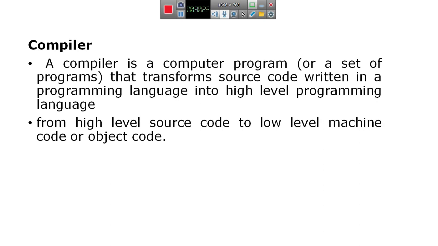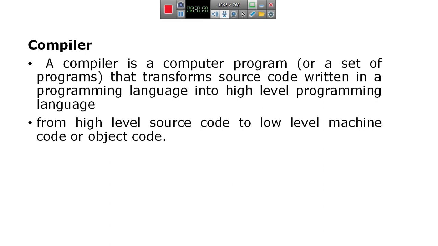So in order to execute a C program, it requires a compiler, that is the C compiler, to understand the syntax and the rules of that language and execute the programs written in it.